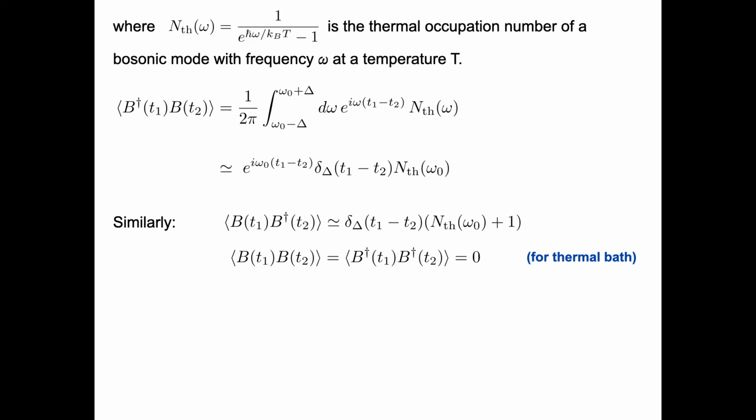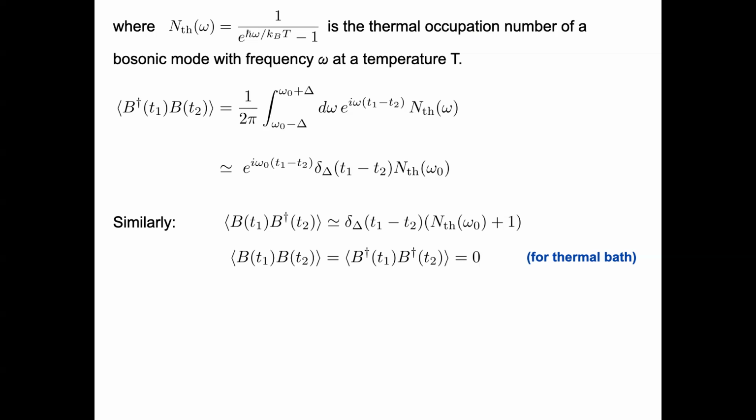And then you can also have combinations with two Bs, or two B daggers. Even though you could think about different classes of reservoirs, in general, if you think about vacuum or thermal states, then such expectation values are 0, because you would be creating the expectation value of two photons.